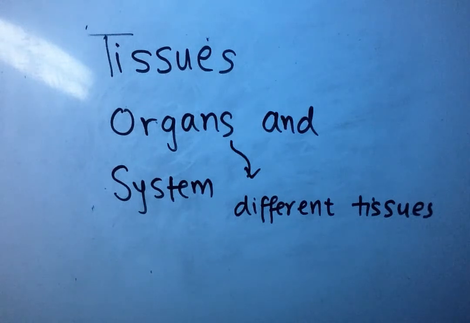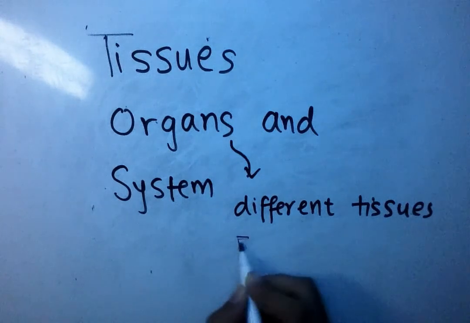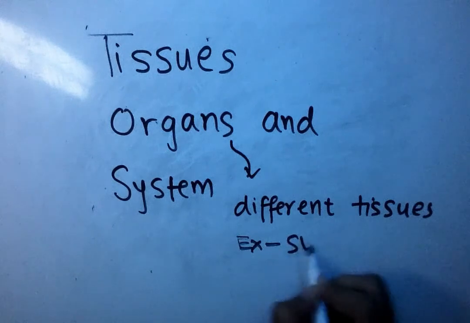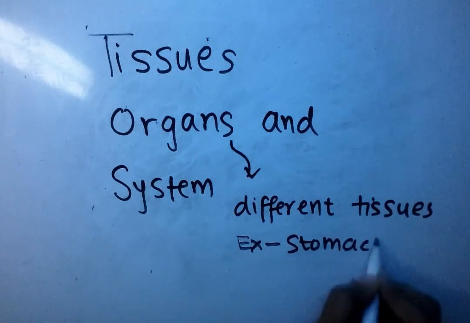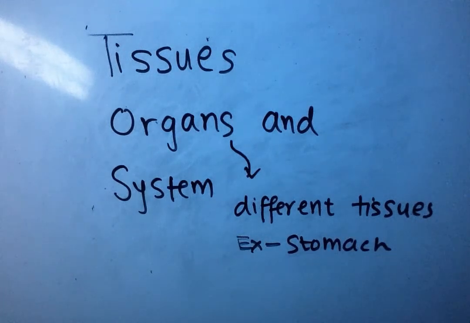For example, our stomach is an organ whose function is to store food temporarily, digest and churn it. A leaf is also an organ which performs photosynthesis in plants.